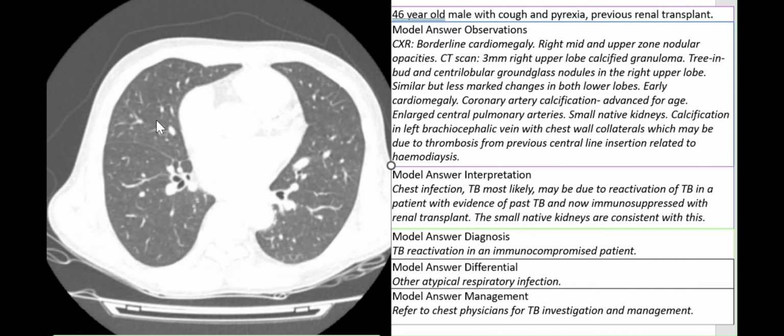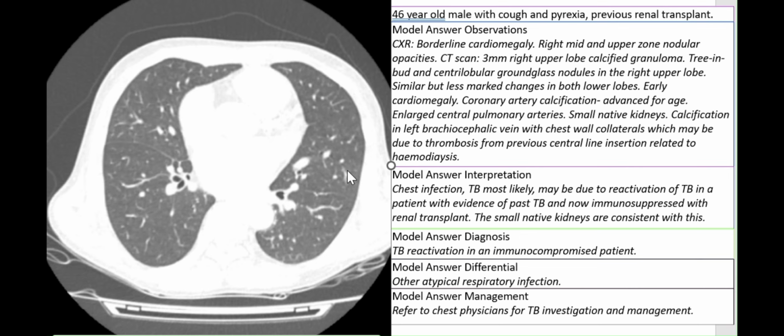So the nodular opacities are seen with linear branching opacities forming the tree and bud pattern, and also seen with ground glass opacities and forming the centrilobular ground glass nodules.